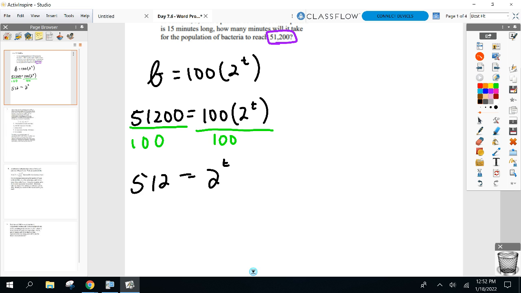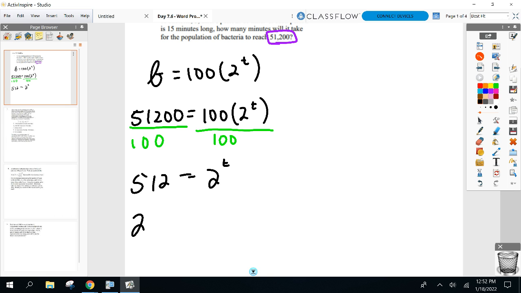What's your next move? There are 2 different ways we could go here, by the way, but I'll hear both. Make the bases the same. Okay, one way is, could I make the bases the same? Could I say 2 to the something equals 512?